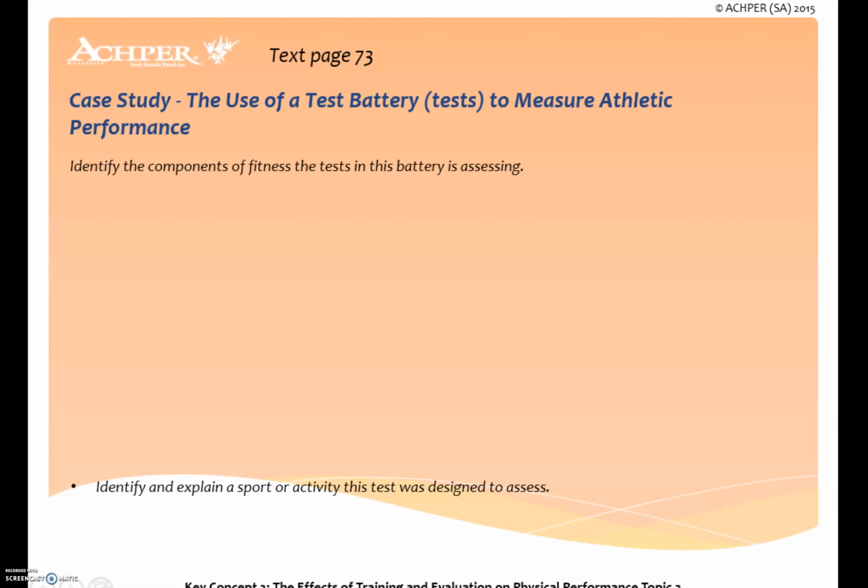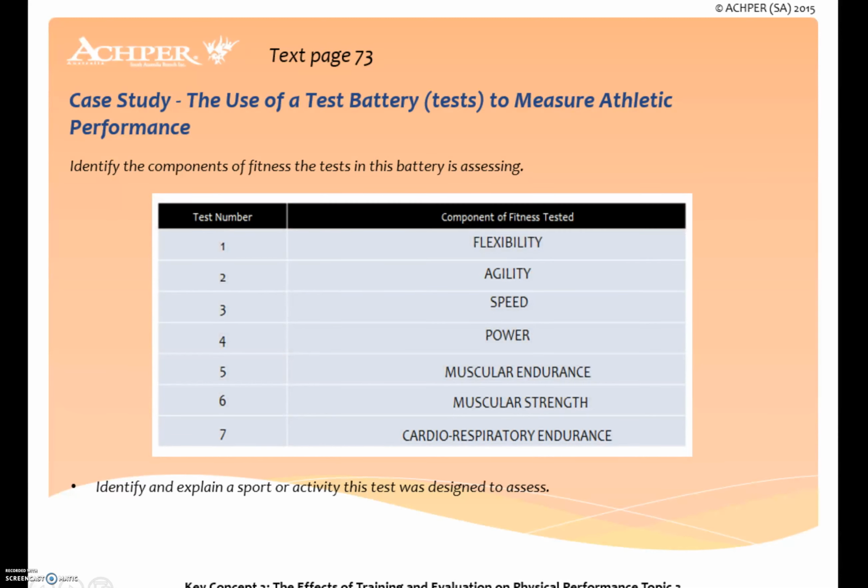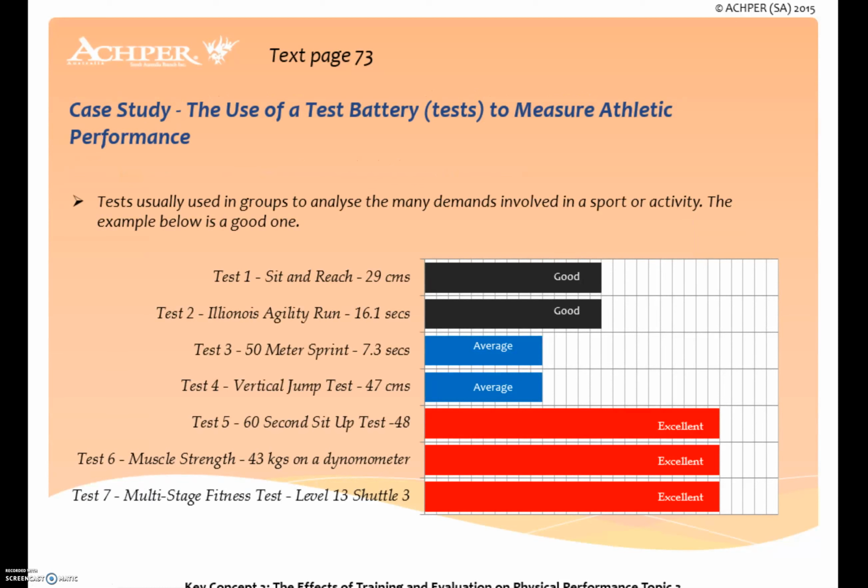So, identify the fitness components that we're looking at here. If we go back, the sit and reach is flexibility. Illinois is agility. The sprint is probably speed, but with elements of power. The vertical jump is definitely power.